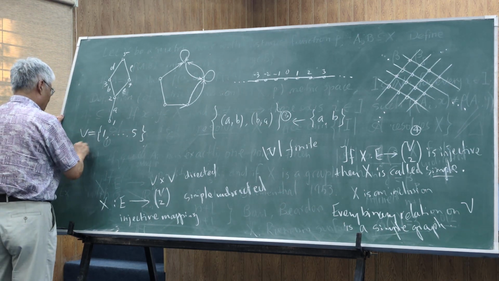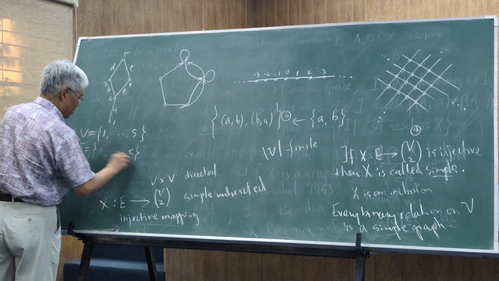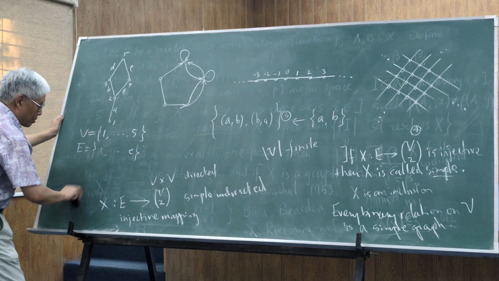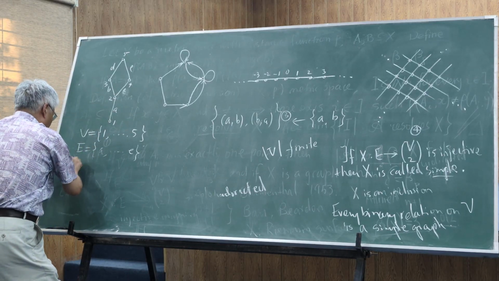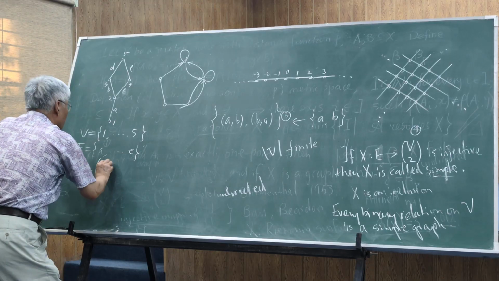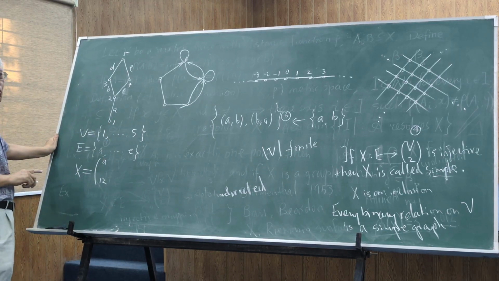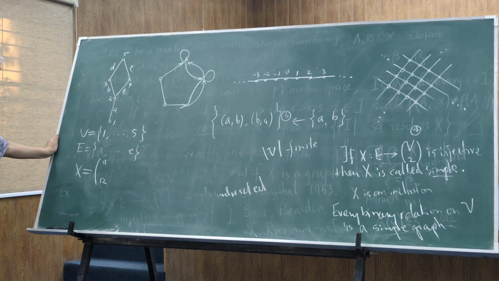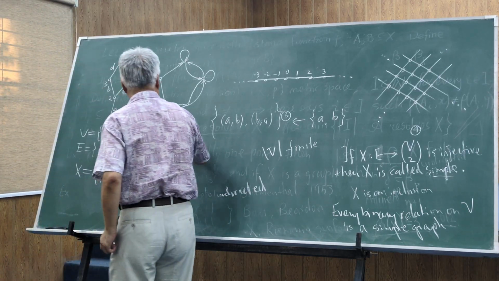Set E is equal to A, B, C, D, E. And the mapping X is equal to: A is mapped to 1, 2. Let me just write 1, 2, it's not twelve. Instead of curly bracket 1, comma 2, we just write 1, 2. And we're assuming here that AB is equal to BA.